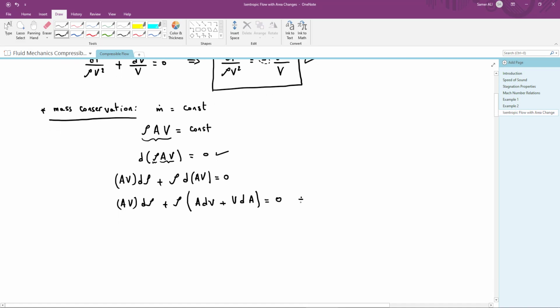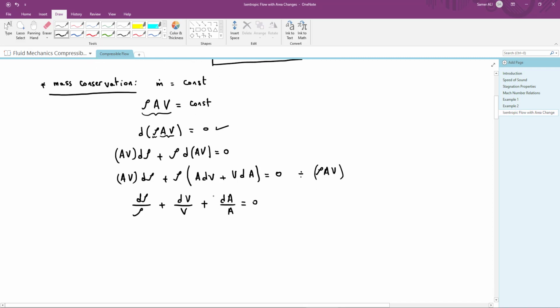So if you divide all this equation by rho AV, you will have d rho over rho plus dV over V plus dA over A is equal to 0. So now you have a relationship between the area change, the velocity change, and the density change.